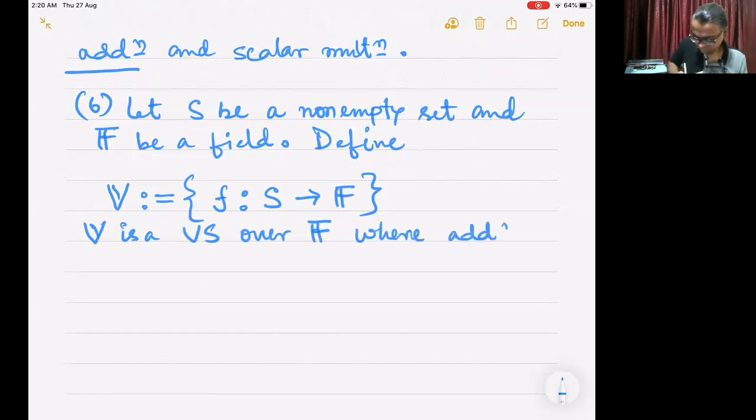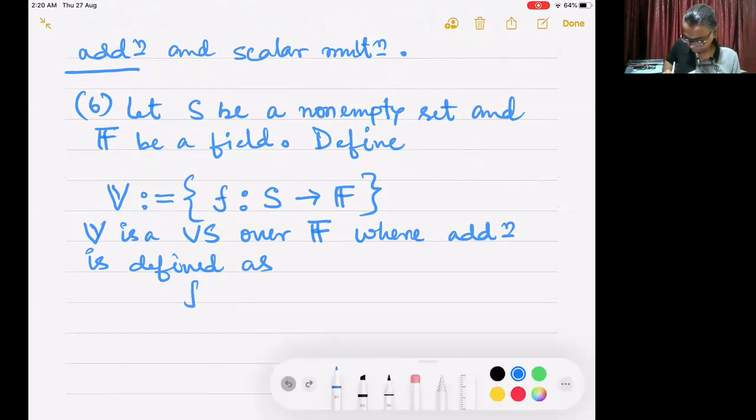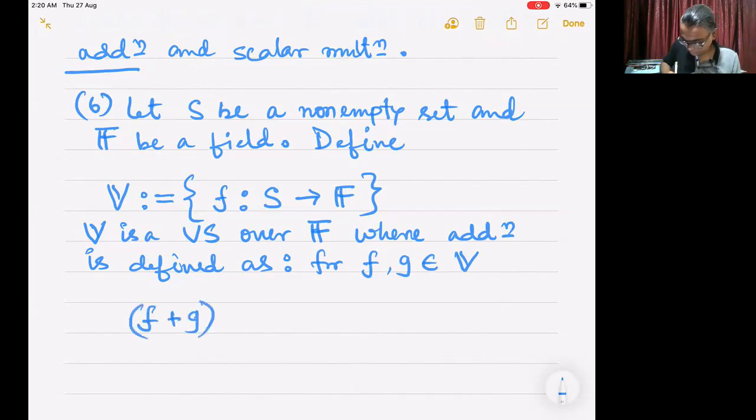For f, g in V, that is both of them are functions, f plus g acting on s is by definition f(s), which is an element of the field, plus g(s), which is also an element of the field.